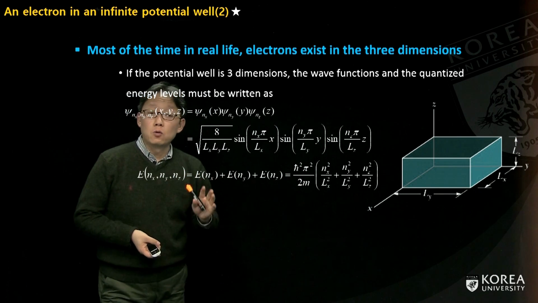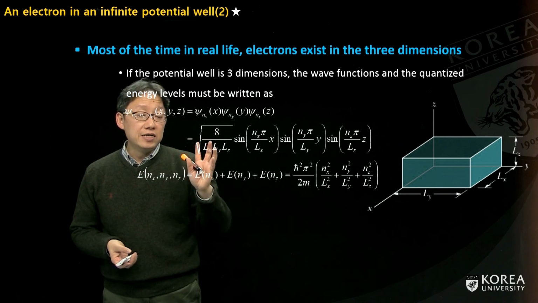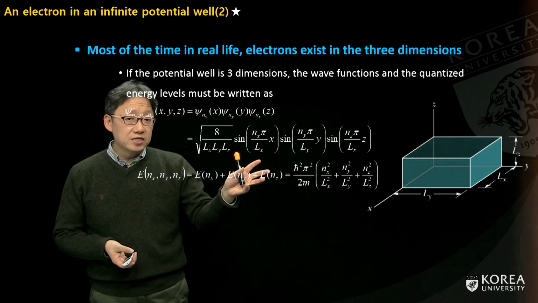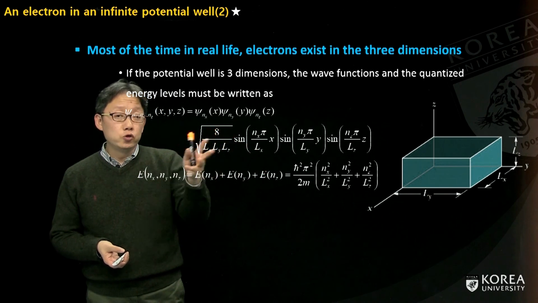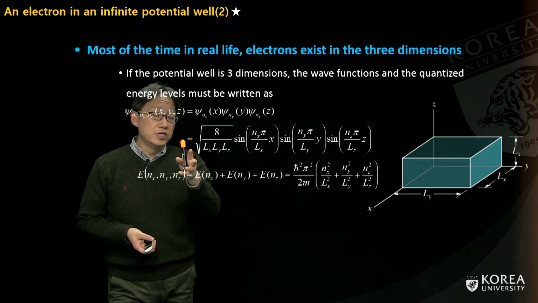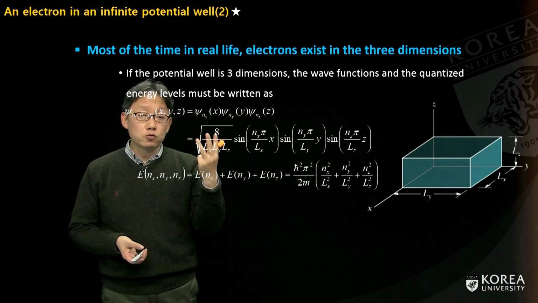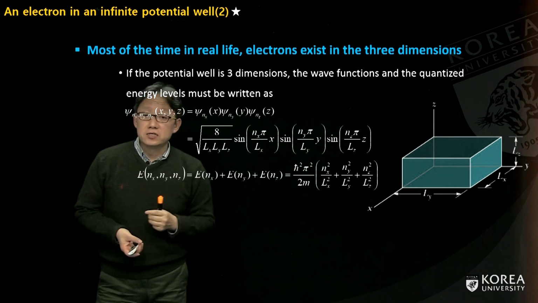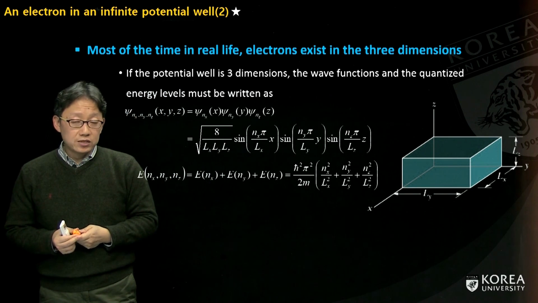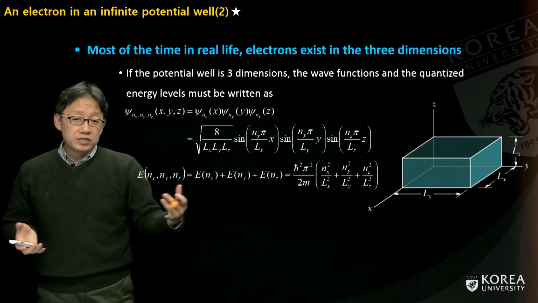So what you have to remember is that now in three dimensions, the solution basically looks similar to what you have done in the one-dimensional case, but here in three dimensions, you have three different quantum numbers. Okay, so as a result, when you calculate the total energy, energy is just a scalar.